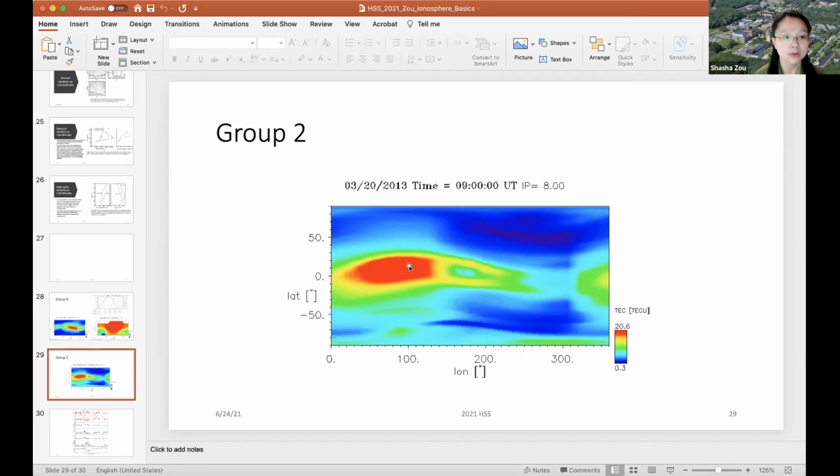And the dynamo process here will give you an enhanced, what we call, equatorial plasma fountain effect. They tend to move the equatorial plasma into the off-equator region. So those two bands could also be produced by that dynamo effect. So really depending on what the drivers are for this model, there could be different contributions to the formation of this structure.